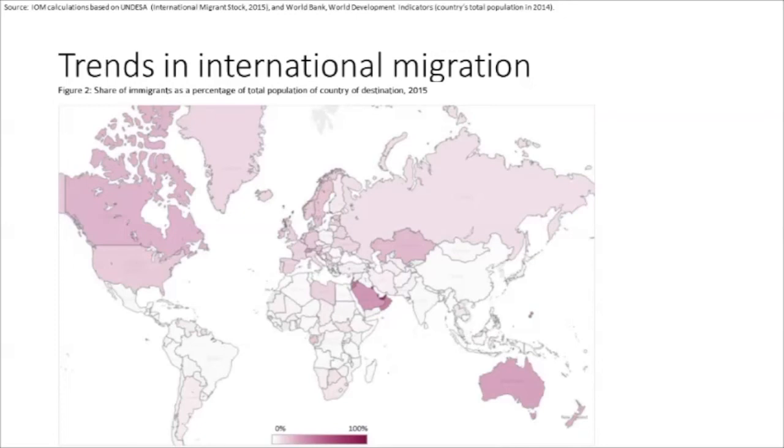Other countries in the world who have high percentages of immigrants are Australia and New Zealand, as you can see. Again, two relatively highly developed countries. Russia, but also, interestingly, Greenland.